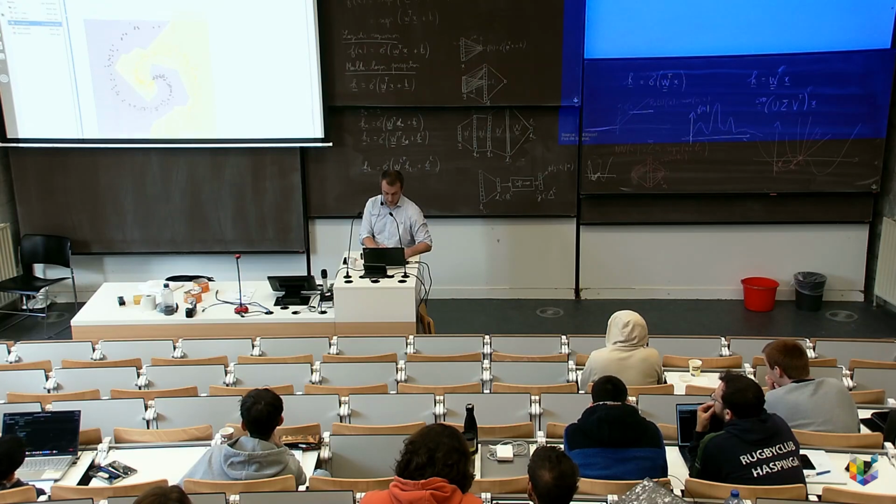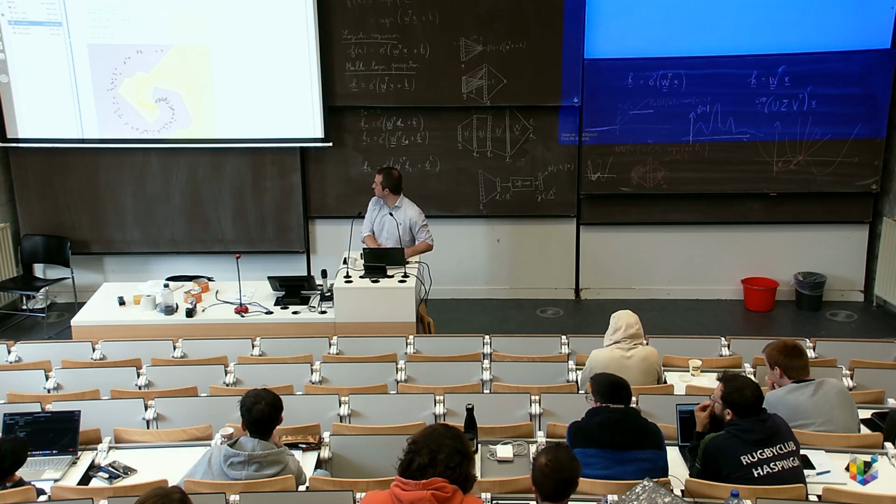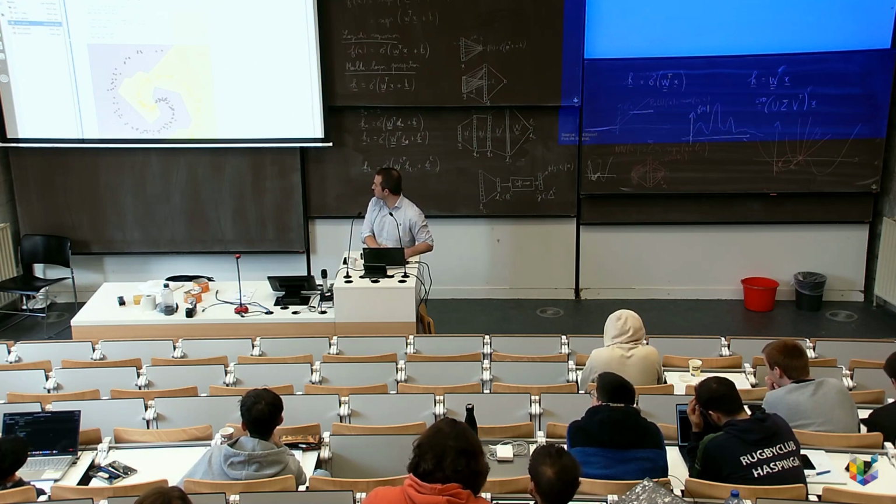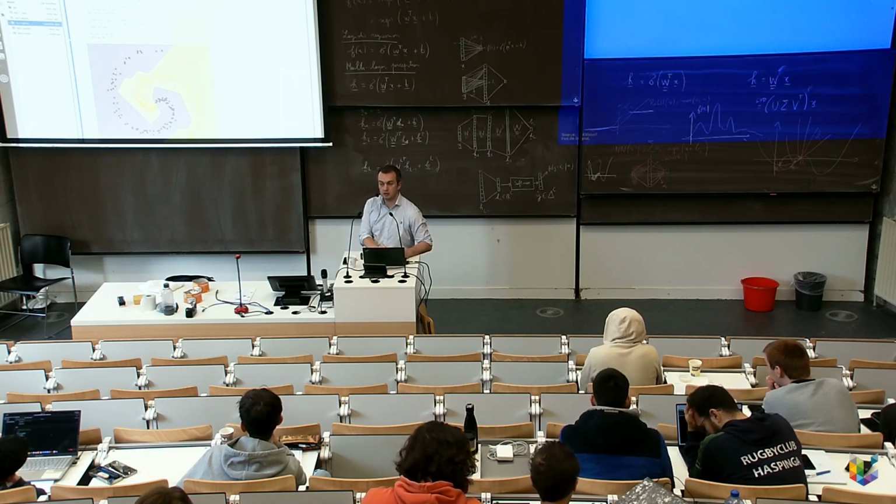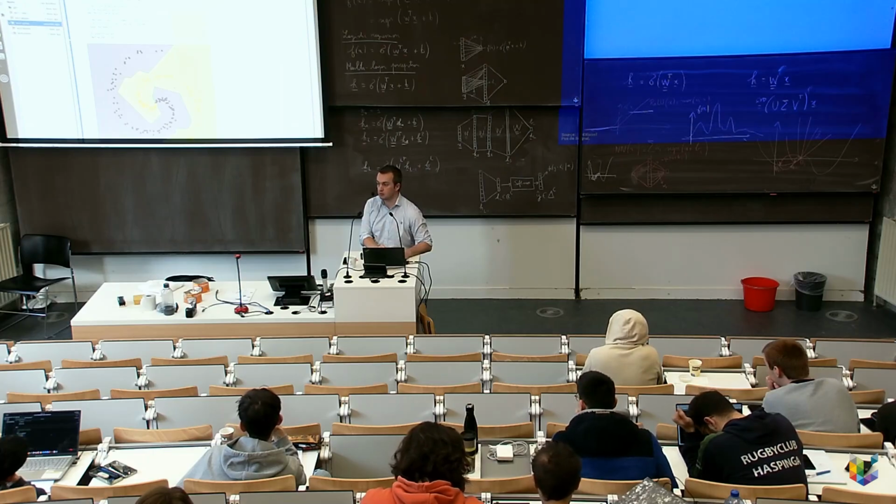But we still have these abrupt changes in the decision boundaries. So if we wanted to erase that or try to improve that, how could we do that? Can you make a guess?